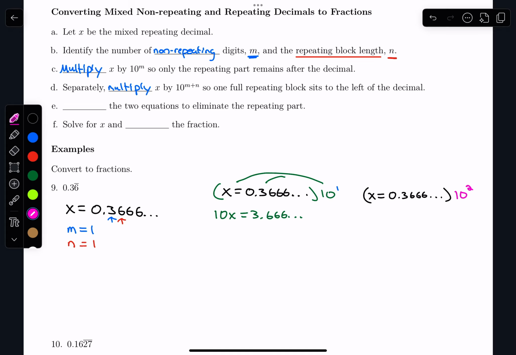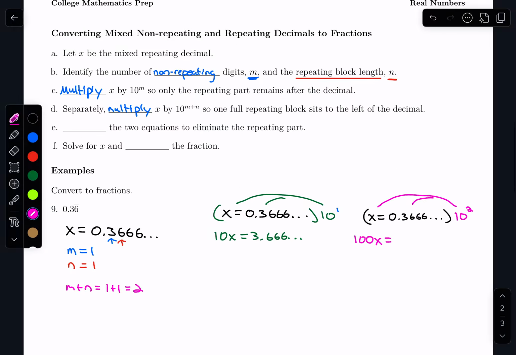So now why 2? Well, m plus n is equal to 1 plus 1, which is 2. Okay, so we have 2 total for when we add together m and n. So we're going to now distribute this 10 squared, which is 100, to both sides of this equation. That gives us 100x equals, and on the other one, we move the decimal place twice.